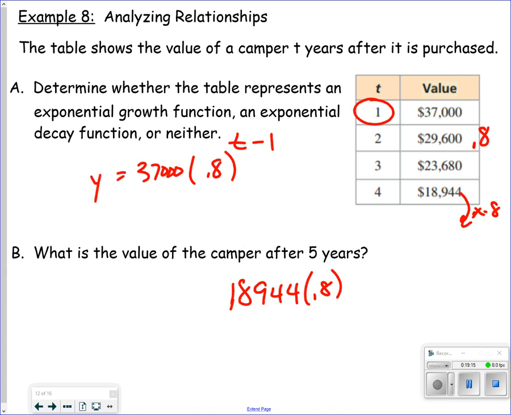So 18,944 times 0.8, the next value would be 15,155.2. So again, multiplying each time by 0.8.